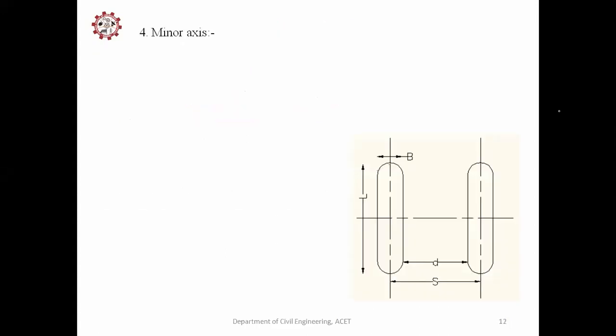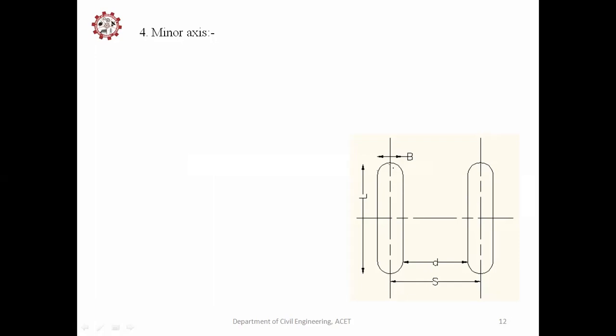So in the figure, if you can see the diagram, the area is now elliptical, and here you have the 2 tires. This is the clear distance D given. This is the center to center distance S we need to calculate.